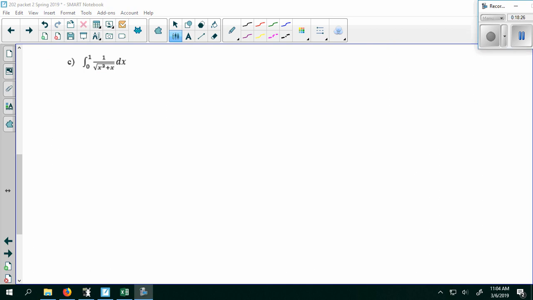The integral from 0 to 1 of 1 over the square root of x cubed plus x dx. My comparison is just going to be 1 over, I'm just going to drop the plus x. So I'm going to compare to the integral from 0 to 1 of 1 over x to the 3/2 dx.